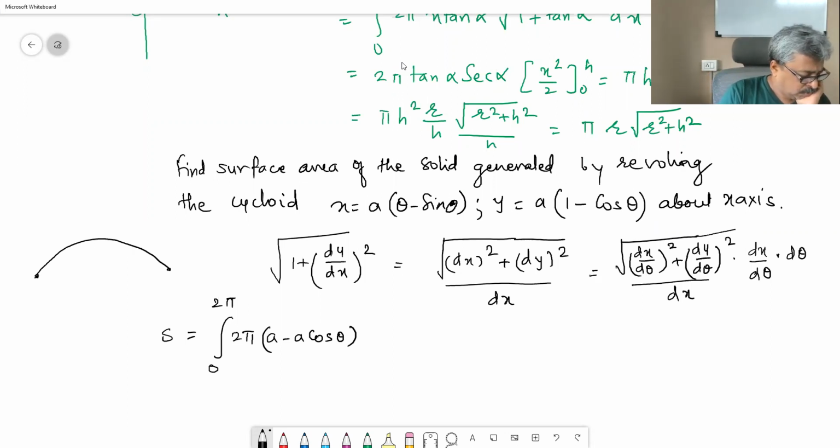That is your y. And then what is this factor, this dx by d theta?